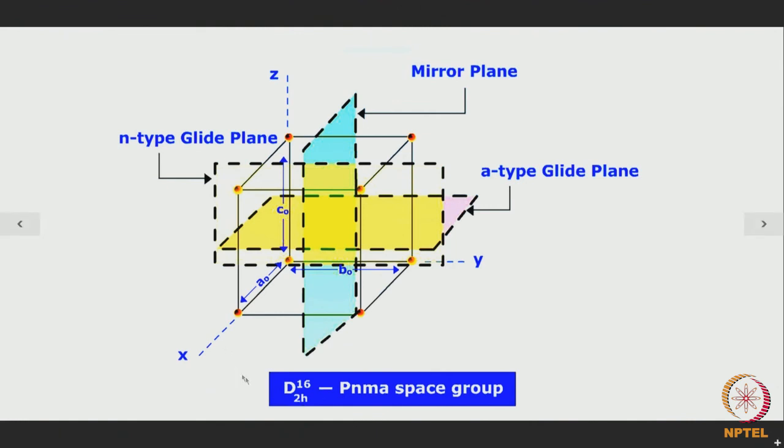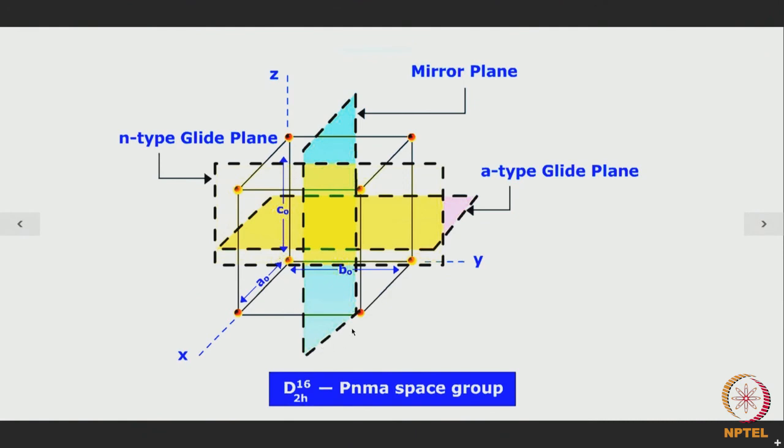Say for example, if you have a mirror along this as shown, and there will be another glide plane perpendicular to that and a third glide plane given by this. So, there are two glide planes, one perpendicular to x, another perpendicular to z, and then a third one, a mirror plane perpendicular to y.